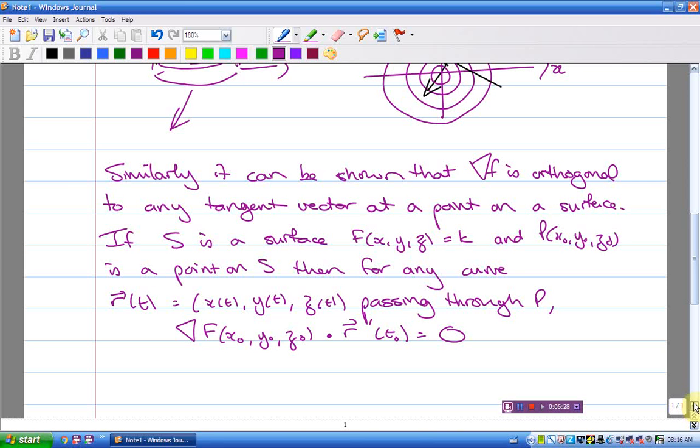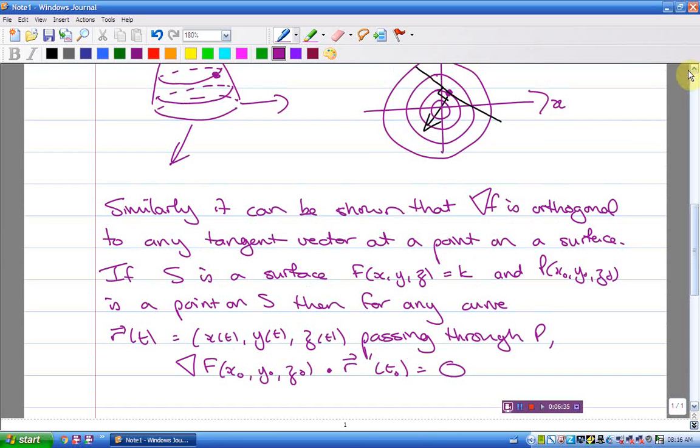So just like in that level curve picture at the top of the screen, that black arrow was orthogonal to that purple curve, we're now going to be getting arrows orthogonal to surfaces. Think of a thorn sticking out of a cactus. It's sticking out orthogonally.